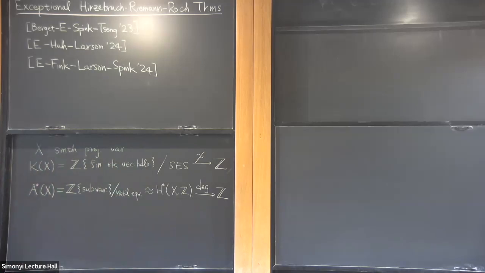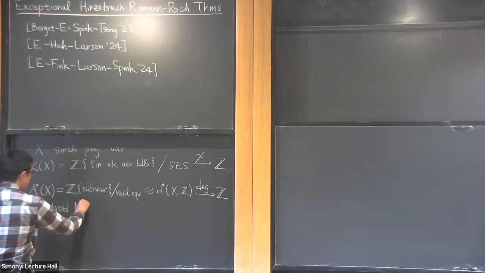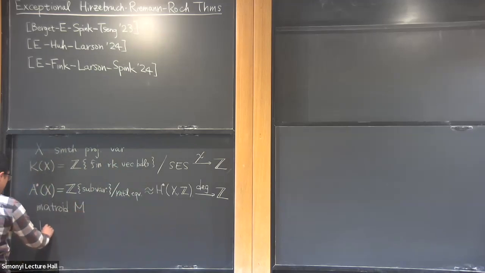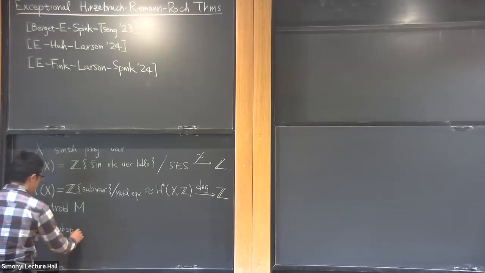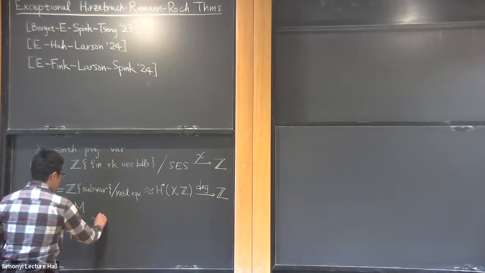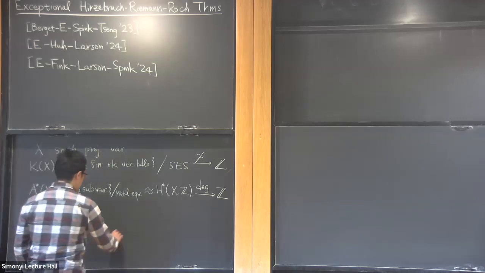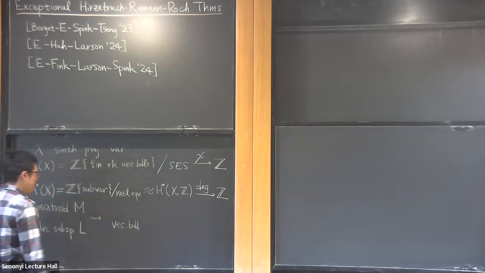Now, in all three of these works, the high-level overview of what goes on is the following. You start with some combinatorial object, let's say a matroid M. Or if you like a more realizable picture, matroids are in some sense combinatorial abstractions of linear subspaces, let's say L. And from this data, you can build some vector bundle on some nice variety.